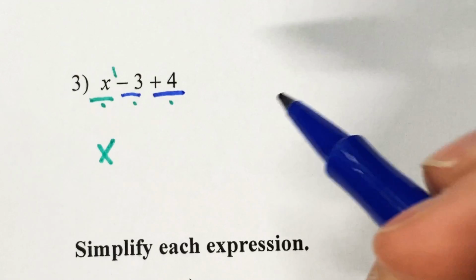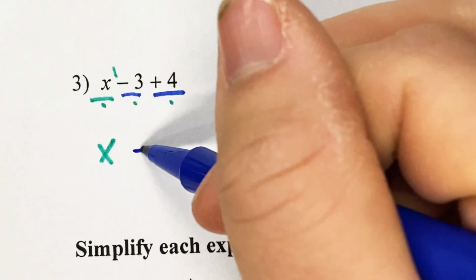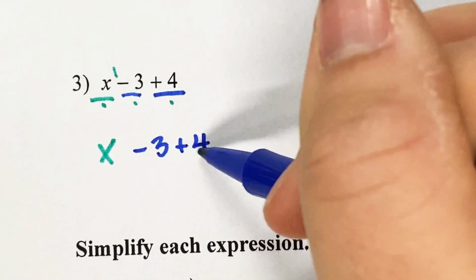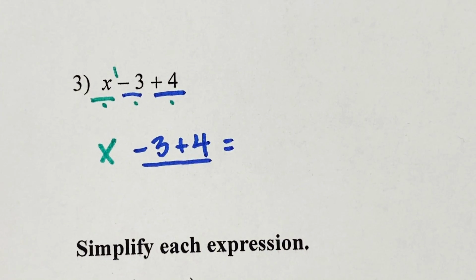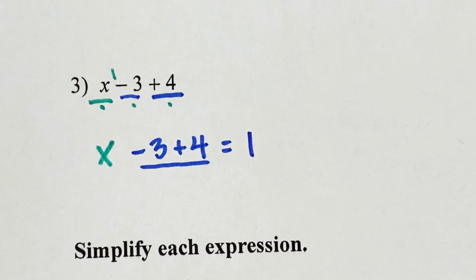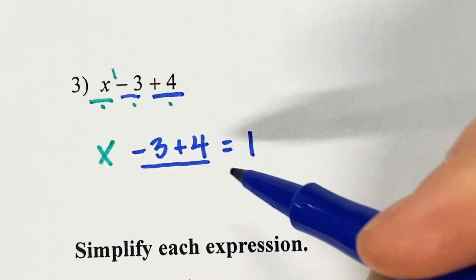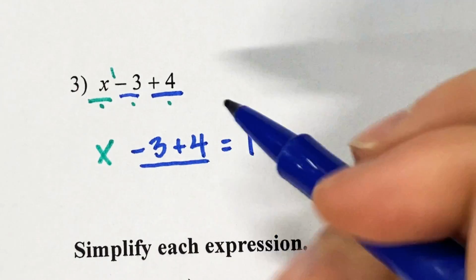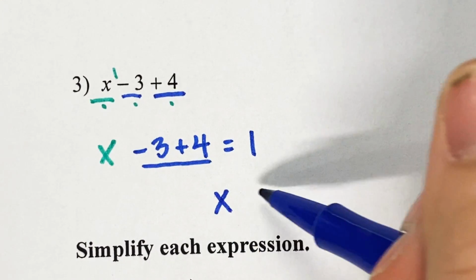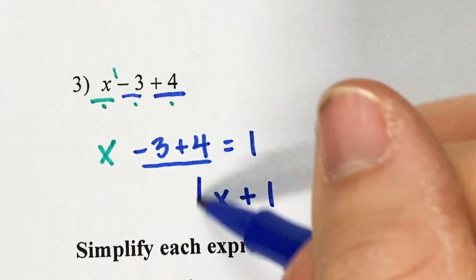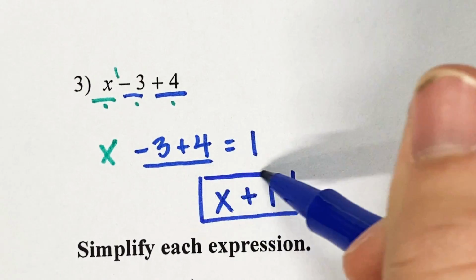So now this is just saying, what is negative 3 plus 4? I owe you $3, but I give you $4. How many extra dollars did I give you? 1, so positive 1. So our simplified expression is going to be that x that we couldn't combine with anything, it just stayed x, and then a positive, so plus 1.